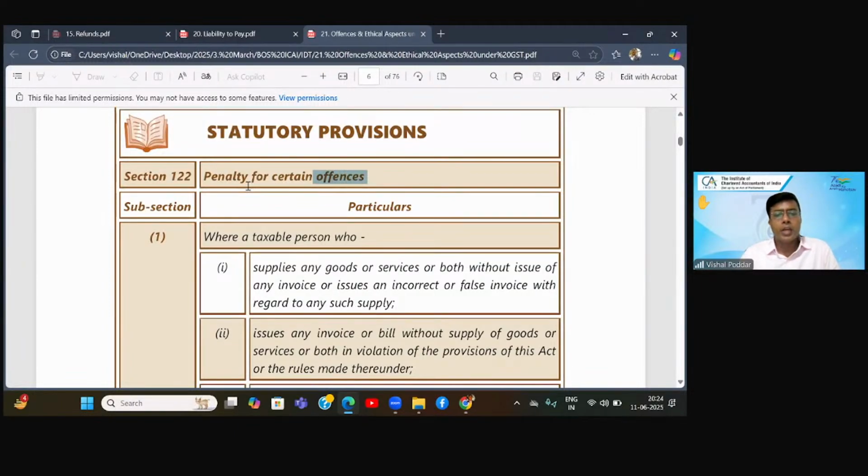Now, we have to study this chapter from two perspectives. One, what are those mistakes or wrongdoings which are considered as an offense, that is a severe mistake? And two, what are the applicable punishments, which may be in the form of penalty, prosecution, etc. So let us start with this.